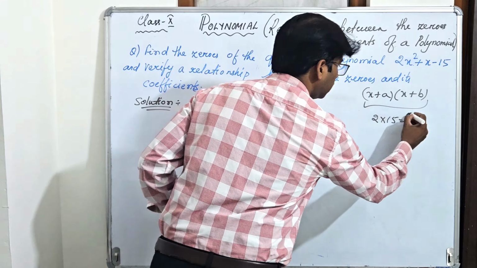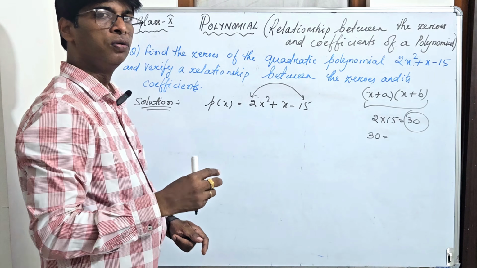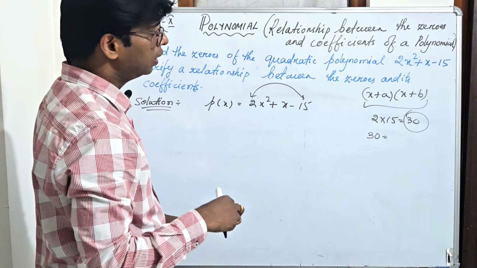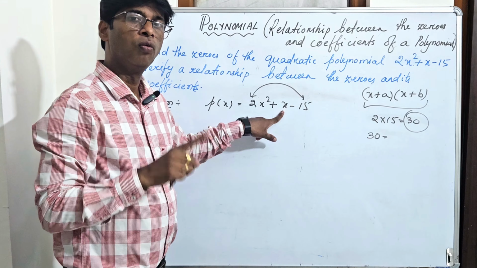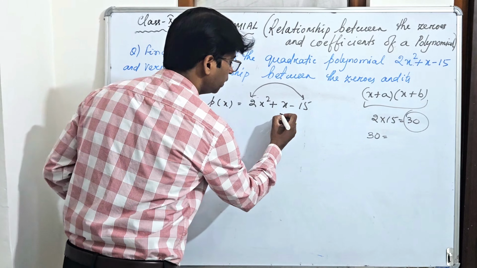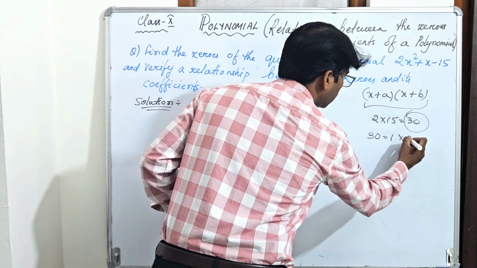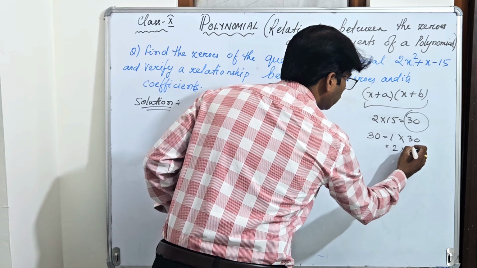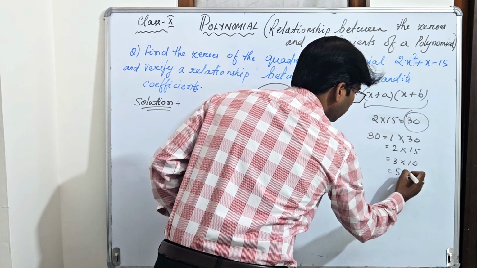Now this 30 has to be split into two numbers whose product will be 30 and whose difference or sum will be 1, because x is the middle term here. Now 30 can be split as 1 into 30, 2 into 15, 3 into 10, 5 into 6.